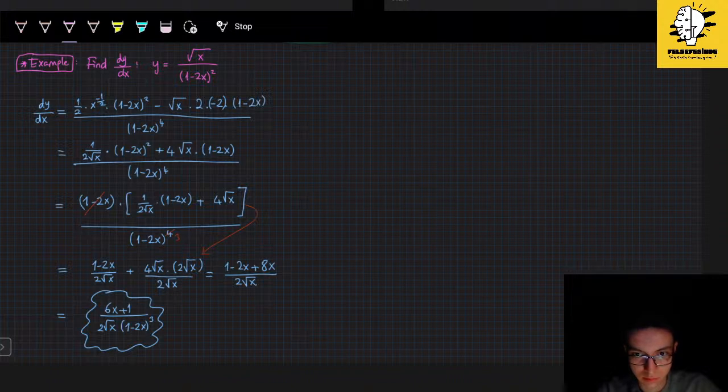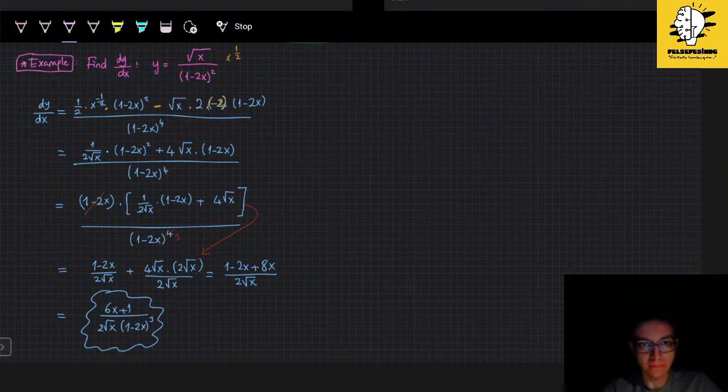As you can see, we already took its derivative, and then we reduce the power by 1, x to the power 1 over 2. Then when we pass to the second one, we don't touch the square root of x, but we take the chain rule. Its power is minus 2.